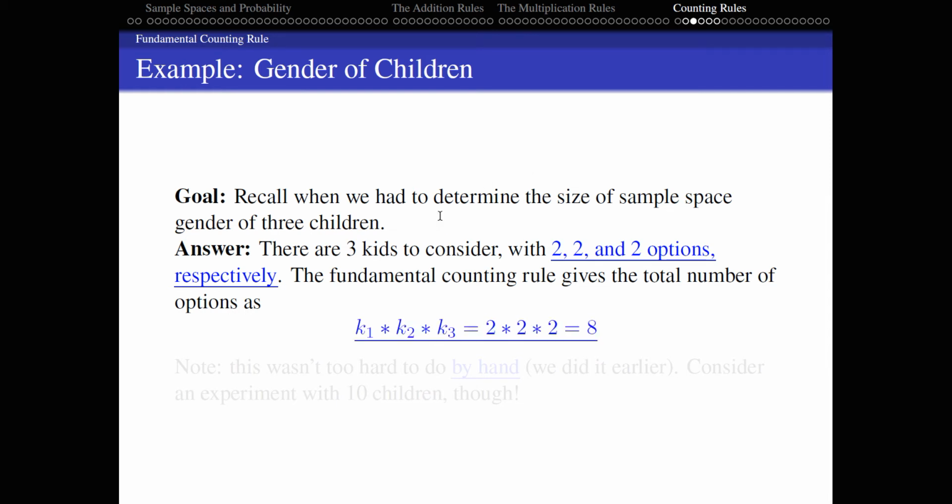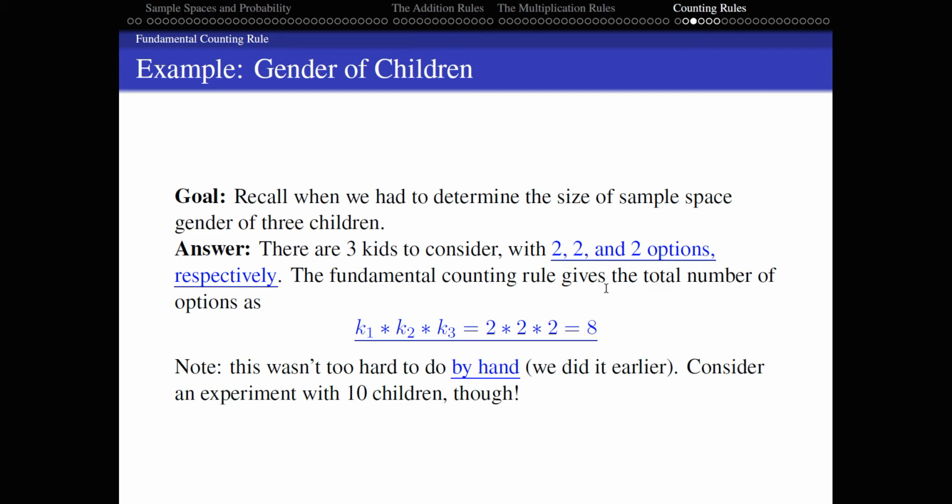So each of those Ks is going to be 2: 2 options for the first child, 2 for the second, 2 for the third. Boy, girl, boy, girl, boy, girl. So the fundamental counting rule indicates that the total number of possibilities is 2 times 2 times 2. It is 8.